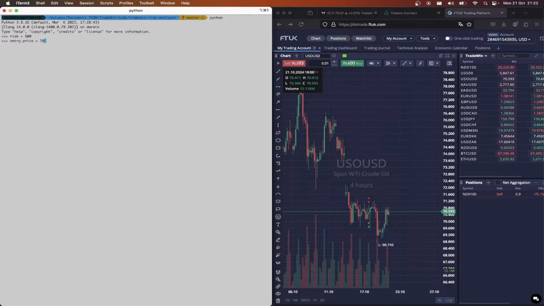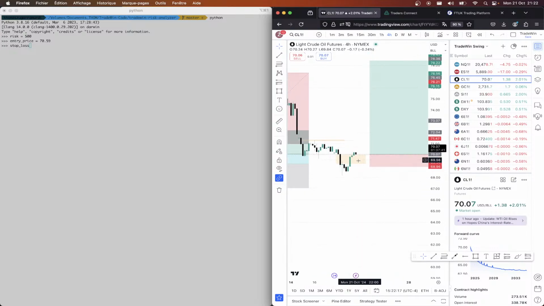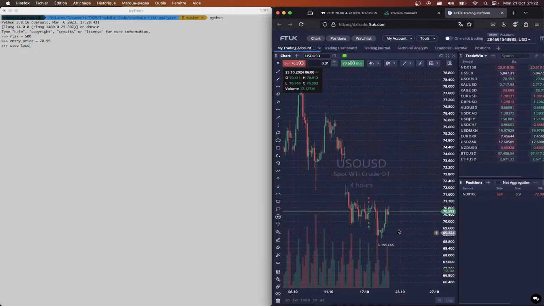Something around, let's say, this one. My stop loss price would be below the inversion fair value gap, somewhere around 69 here. So here it would be 69.6.